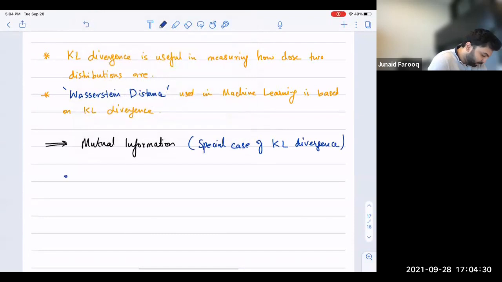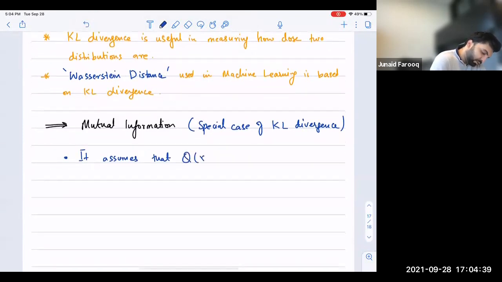Because it assumes that Qx is actually equal to PxPy.